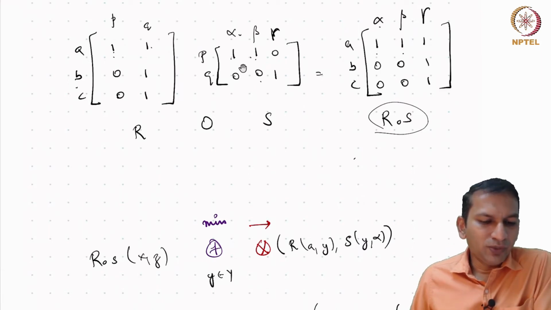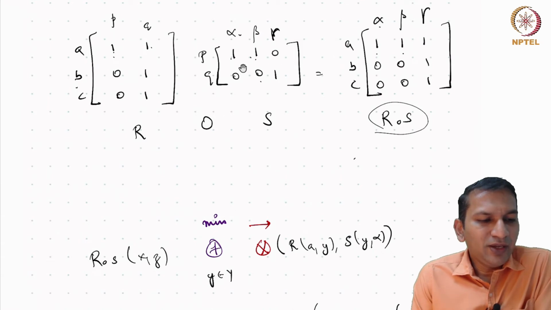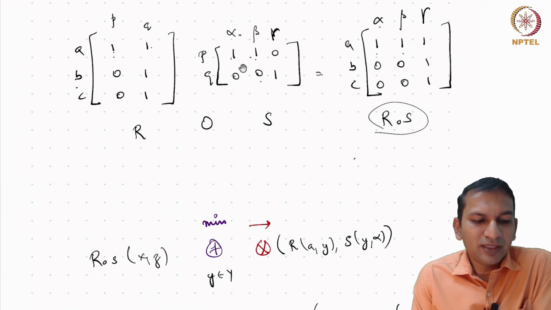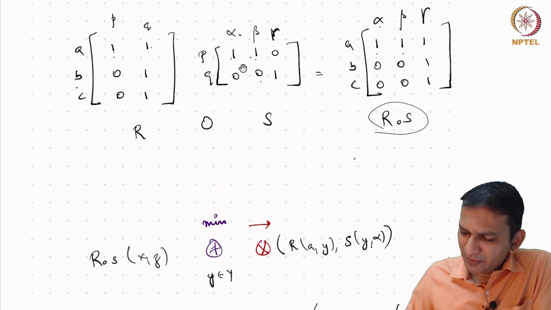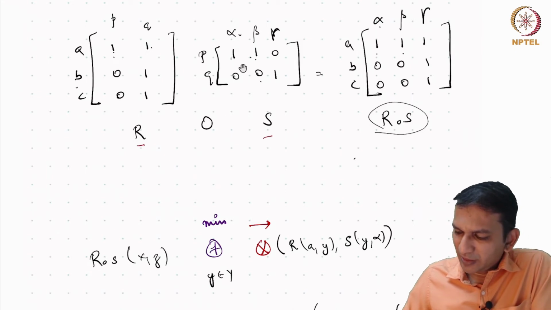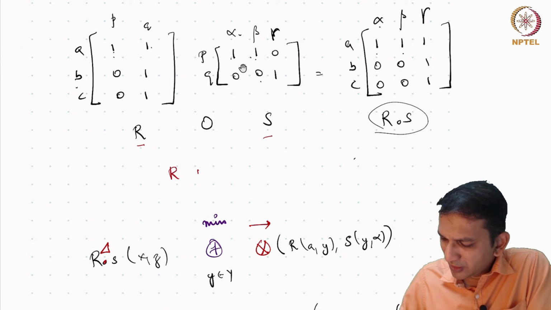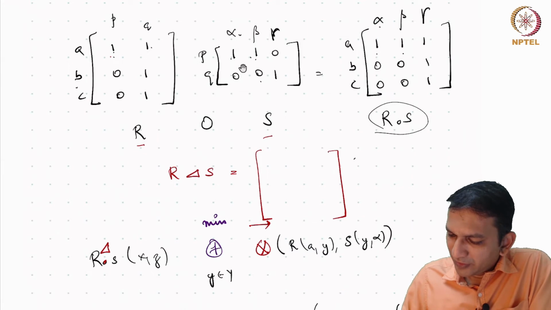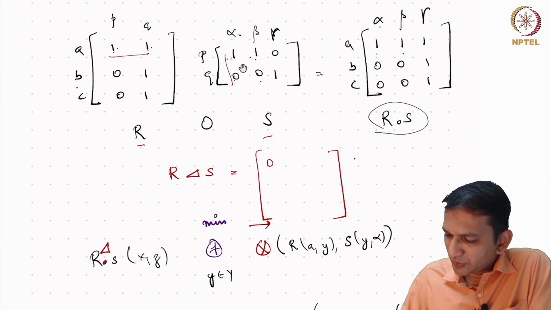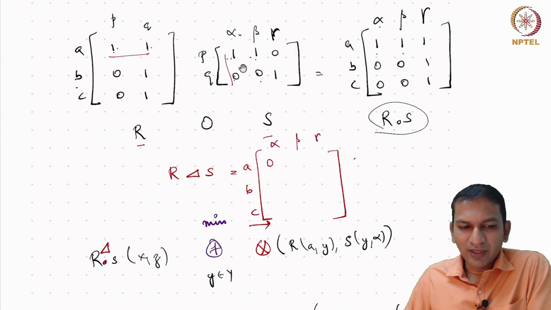So I think it will be worthwhile to see what happens when you apply this composition in the classical case itself. So let's keep R and S the same, and now we are going to apply this composition. For the moment, I will indicate this by this, so we want to see what is R beta S. Now we are taking this into this. So 1 implies 1 is 1, 1 implies 0 is 0. Minimum of these two will be 0. So if we take A, B, C, alpha, beta, gamma, then A alpha is 0.